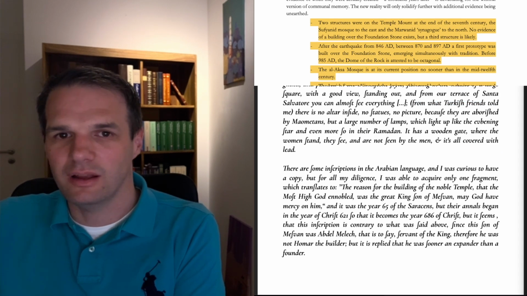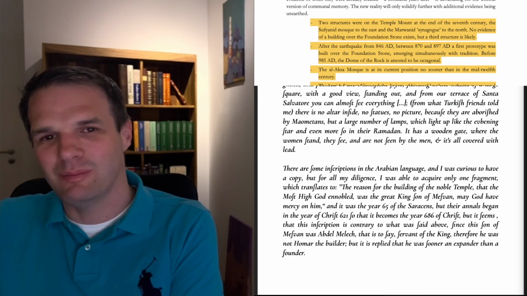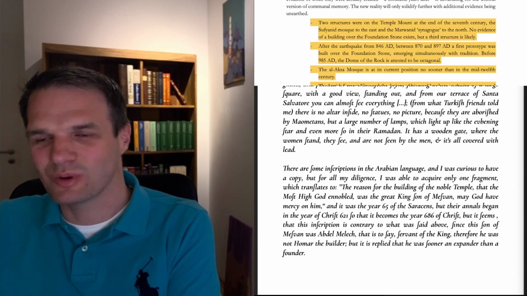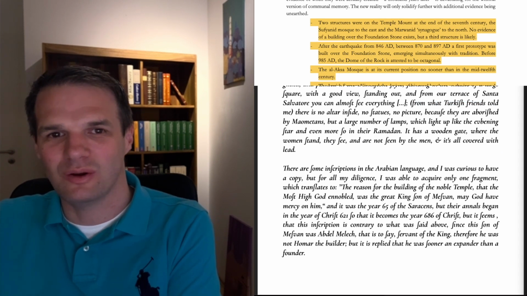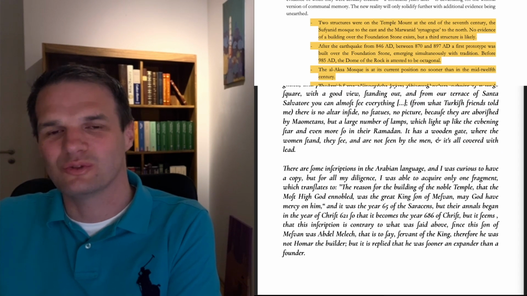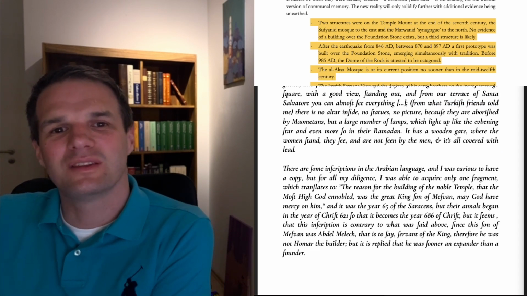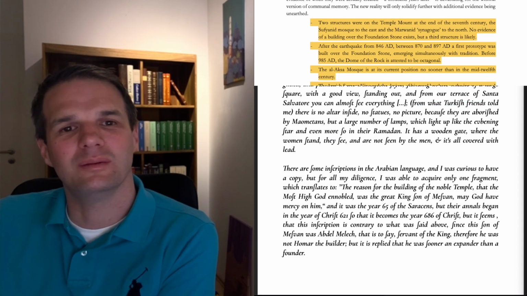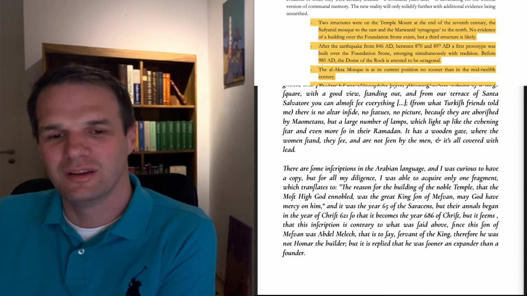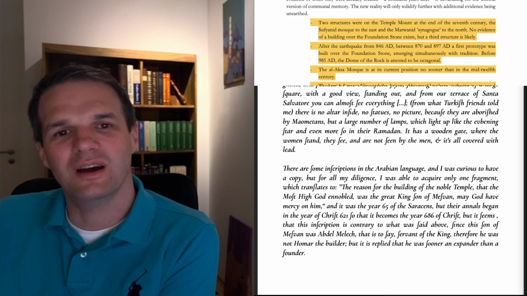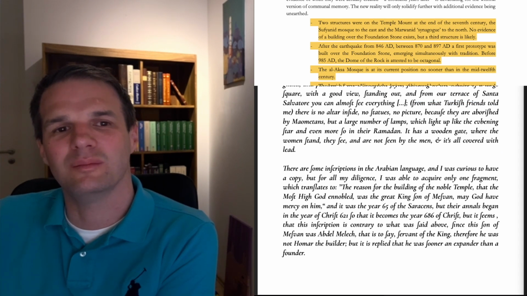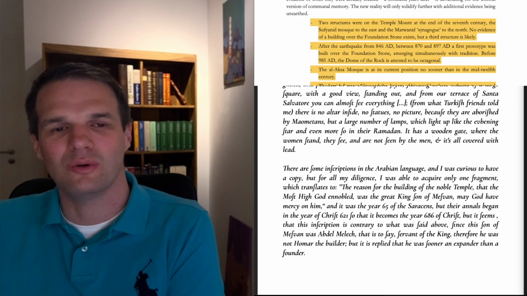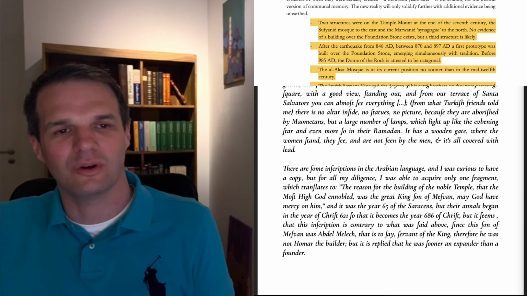Just like it didn't fly when al-Mamun put his name on the inscription, right? That nobody believed it because they all were there and they knew that it wasn't true. Similarly, nobody would have believed it if al-Malik's name was now put up there hundreds of years after his death, when he didn't build the dome. It wouldn't have worked.